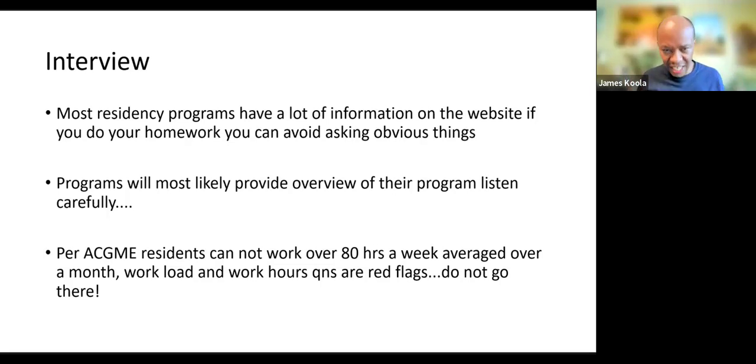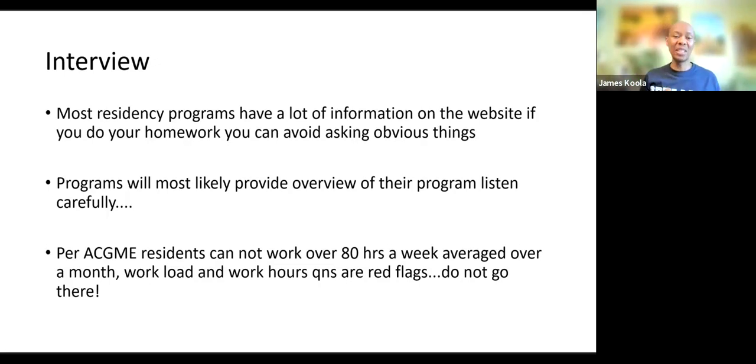Per ACGME guidelines, residents' work time is restricted to 80 hours a week, averaged over a month. So you cannot work more than that, and this is doable. Nobody will go above that.